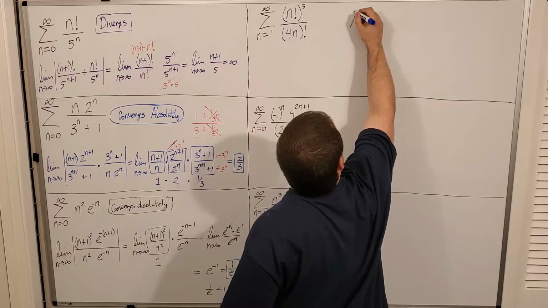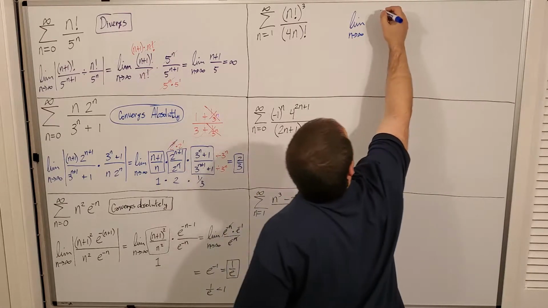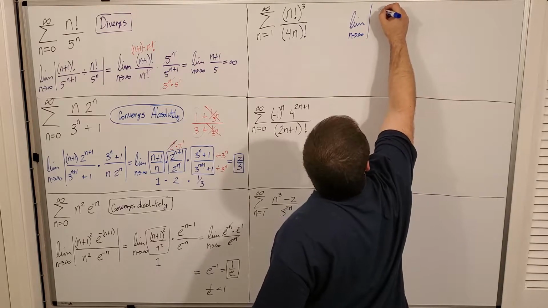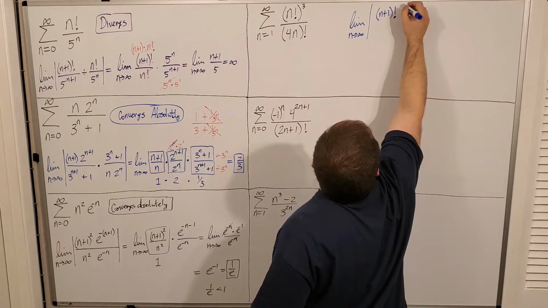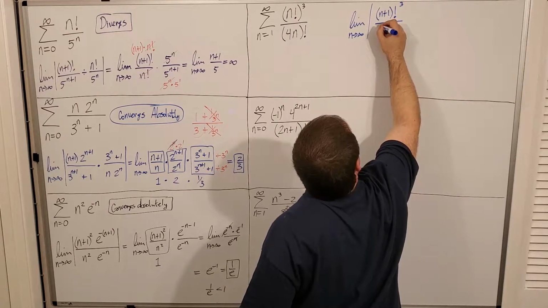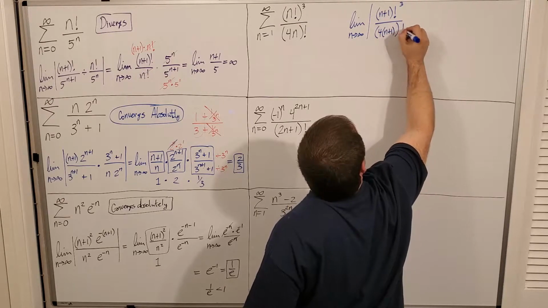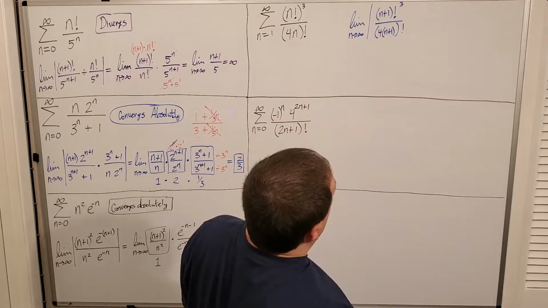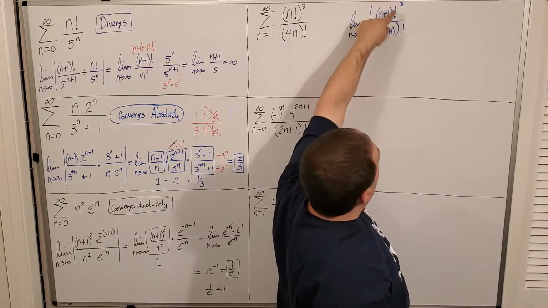I've got the limit as n goes to infinity of absolute value n plus 1 factorial cubed over 4 times n plus 1 factorial. Be careful with your parentheses there. That was why I left the parentheses off. The cube is still on this whole thing, okay?